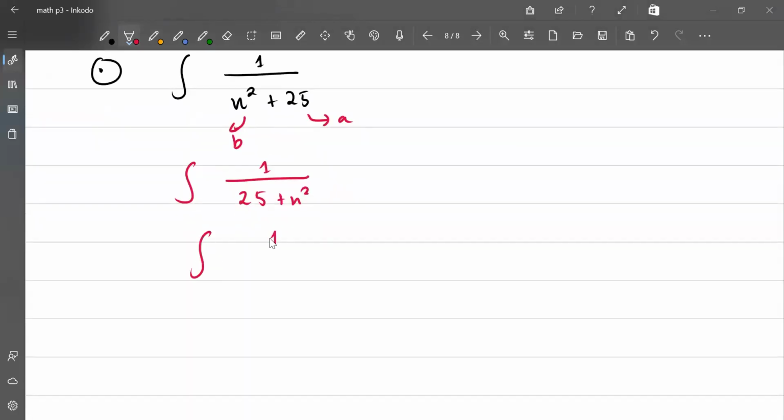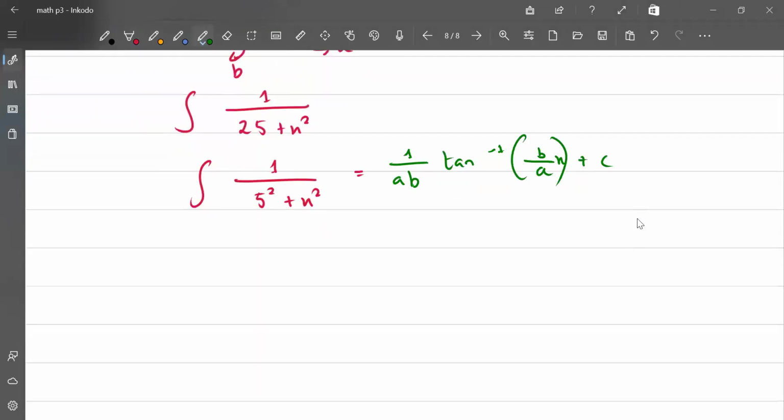Now it should also be expressed in this form, 1 upon 5 square plus x square, in the square form. Now you can apply this formula which we learned, which is 1 upon AB tan inverse B upon A x, of course, plus C. Now just apply it and the answer would be 1 upon AB.